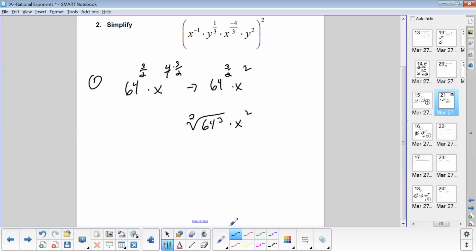So the square root of 64 is 8, and then 8 to the 3rd power is a large number, and that should be 512. So taking the second root of 64, which another way in your calculator, you can type 64 to the 1/2 power, and that'll give you 8. And then you're going to take 8 to the 3rd, which should be 512 x to the 2nd.